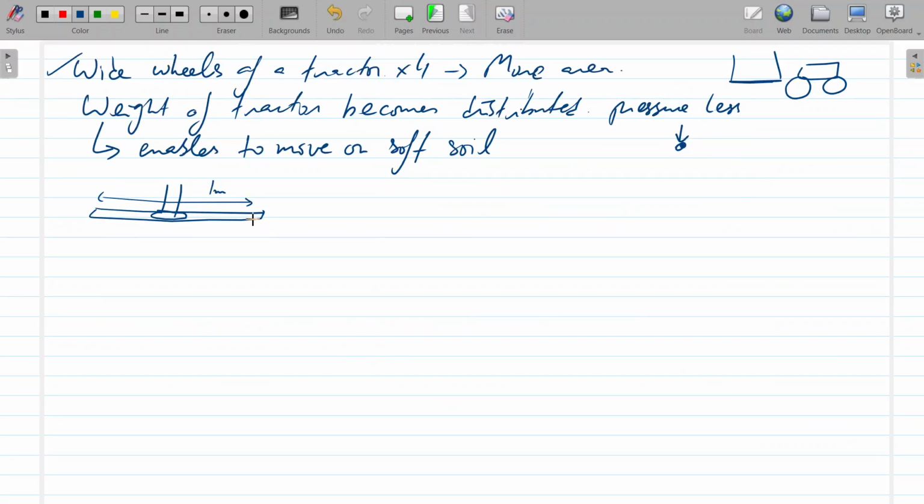The area has increased, your body weight has not changed. The area over which your body weight is acting has increased because of the ski, so there's less force per unit area. And so your feet don't sink into the soft snow.